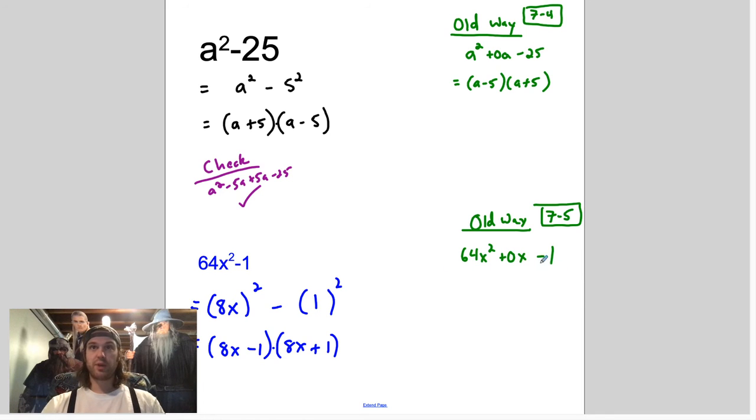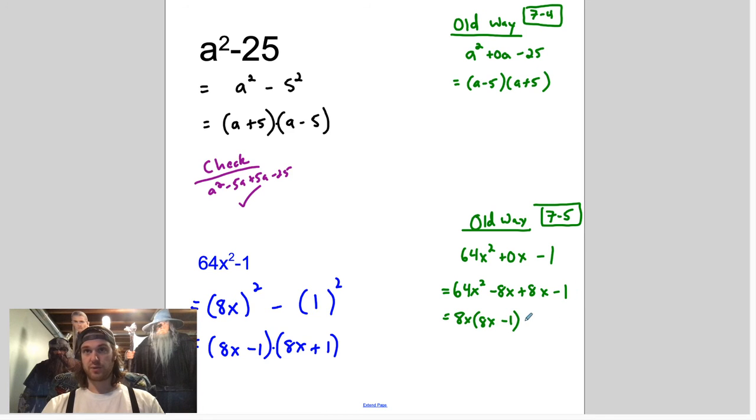That's going to be 8 and negative 8. So let me erase that and try that again. That would be 64x squared minus 8x plus 8x minus 1. The GCF of the first two is 8x, so it's 8x times 8x minus 1.